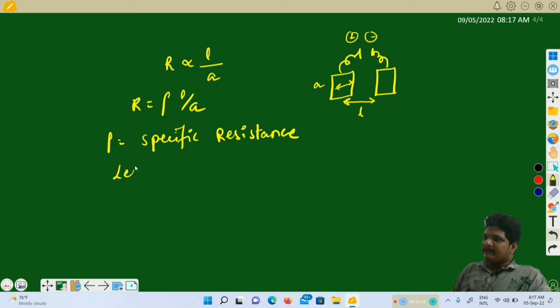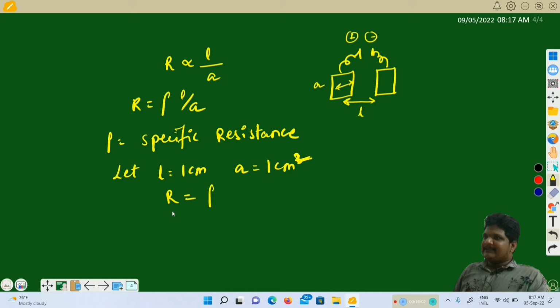If the two electrode plates are separated by a length of 1 centimeter and the area of cross section is 1 centimeter square, then the resistance of this electrode is equal to the specific resistance.